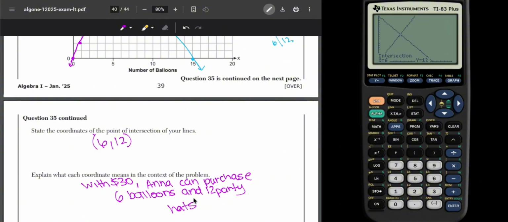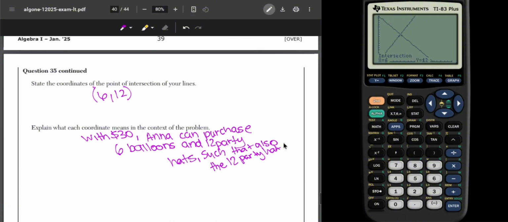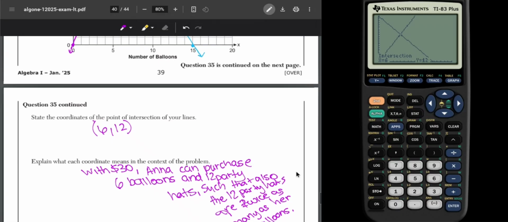So she will be able to, with her $30, have enough to buy 6 balloons and 12 party hats, such that also the 12 party hats are twice as many as her 6 balloons. And that is all 35 questions.